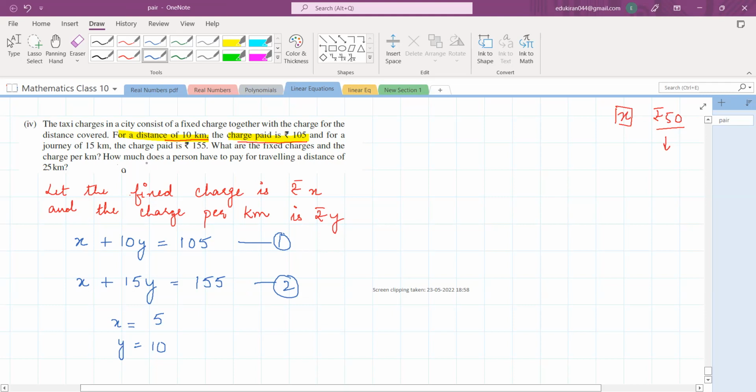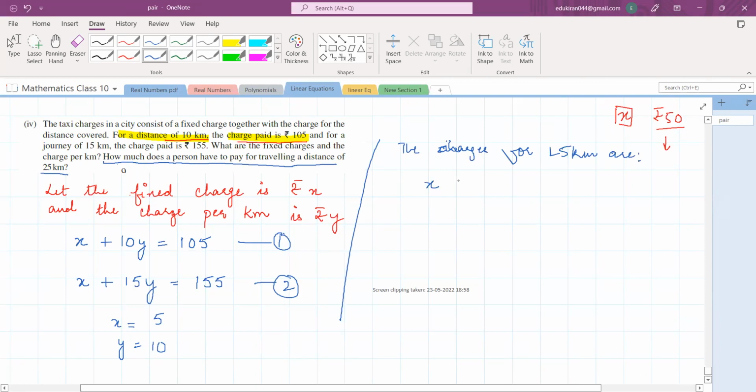Now, see the rest of the question. How much does a person have to pay for traveling a distance of 25 kilometers? So you have to tell the charges for 25 kilometers. There will be a fixed charge, right?